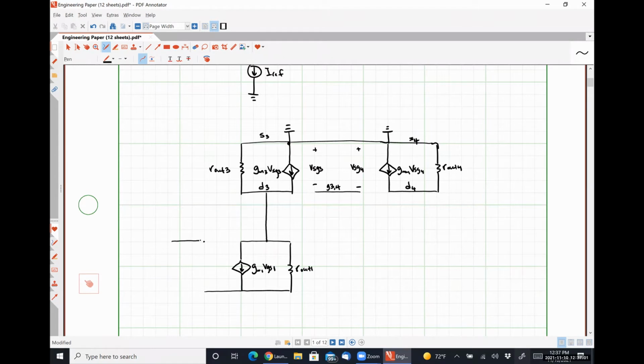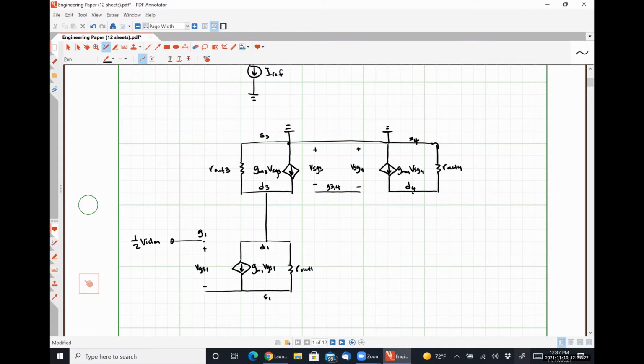Over here, this is our gate for transistor 1. This is our drain for transistor 1. This is our source for transistor 1. So at the gate of transistor 1, we apply that signal 1/2 VIDM. This is our gate source voltage, VGS1.